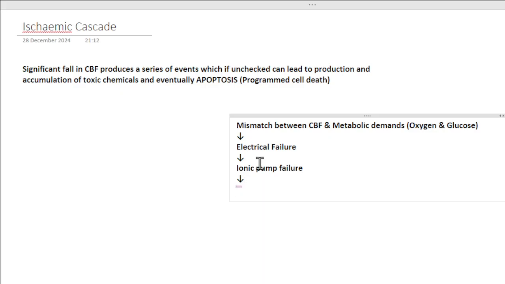Then it will lead to what? Sodium ion, Na plus, influx. I think you must refer to that class. Influx means it will get inside the neuronal cell.